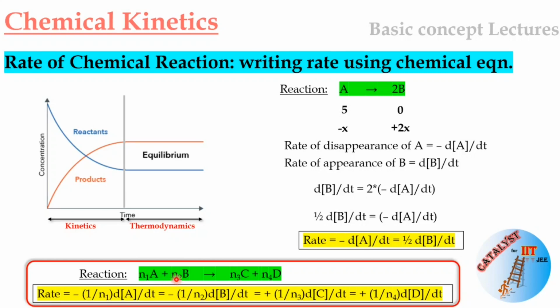Similarly for B, it comes as 1 by n2 and dB by dt. For products, the sign is positive, and the coefficients are n3 and n4, so it comes as 1 by n3 dC by dt and 1 by n4 dD by dt.